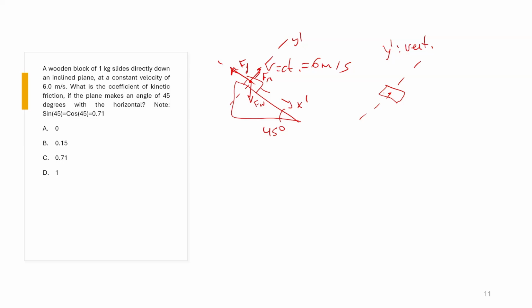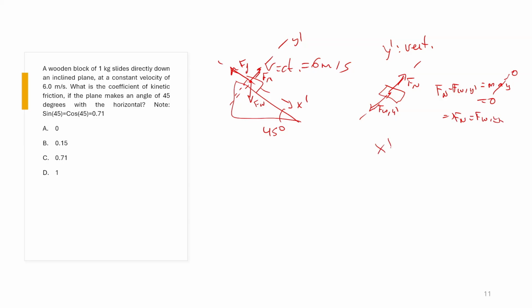So balance of forces in y prime. I have the weight component in y prime and the normal component. So normal component minus weight in y prime is equal to mass times acceleration in y. But there is no acceleration in y, so that's 0. That means the normal force is the same as the weight in y.